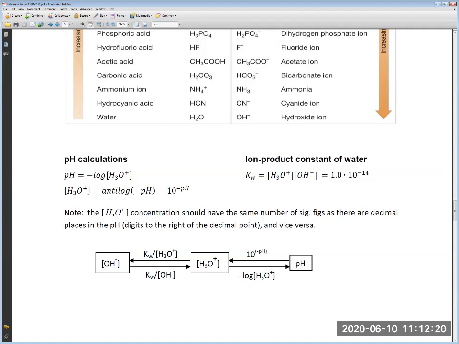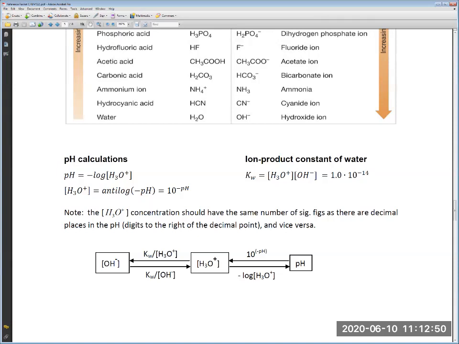And this is always true. This Kw, this product of those two concentrations, is always equal to 1 times 10 to the negative 14. So we can use this ion product constant of water to find the concentration of the hydroxide ion when we have the hydronium ion concentration, or vice versa. Find one when you have the other.